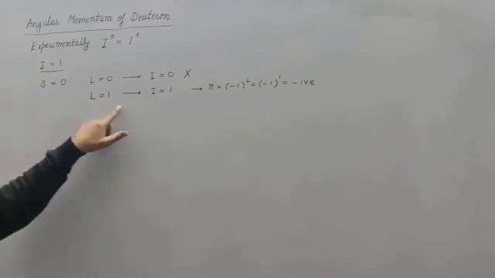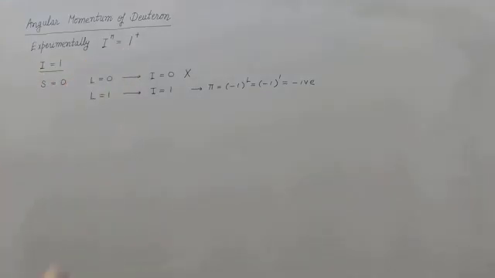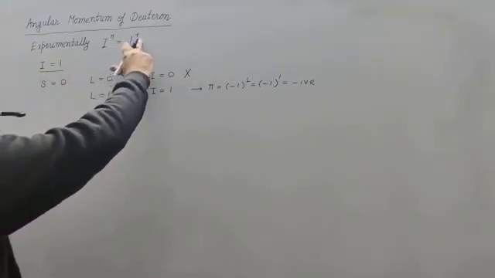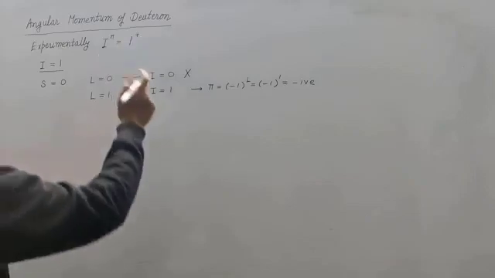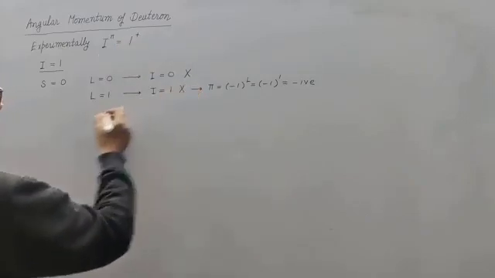If we are choosing this combination of s equal to 0 and L equal to 1, then parity will be negative. So this is also not possible because parity is positive. For deuteron ground state, parity is 1 plus. So this case is not possible.